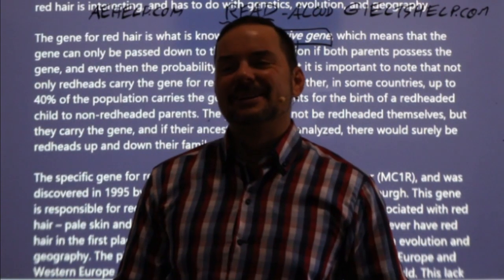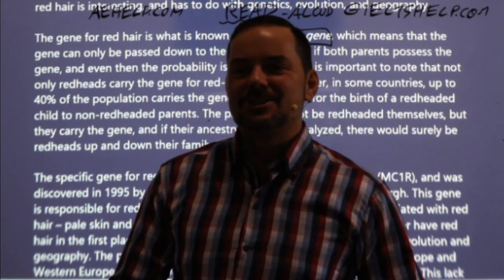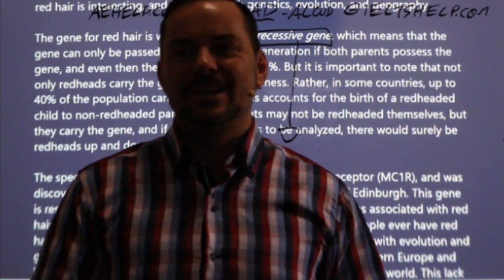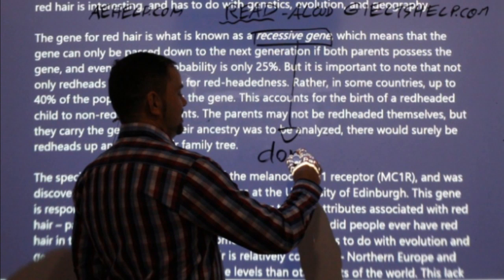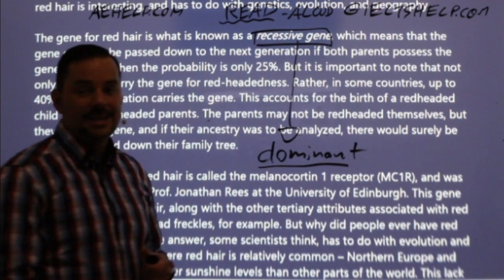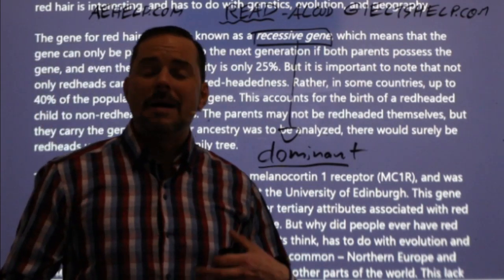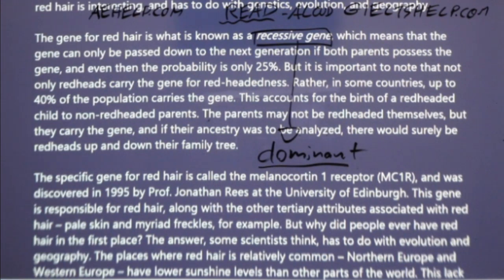Not quite, but I like your imagination, Ferdovs. That's right, Charlize, and it's called a dominant gene. Dominant gene. So the opposite of the recessive gene is the dominant. And the word dominant or dominate means to show power over another. Okay? So to show power over another.